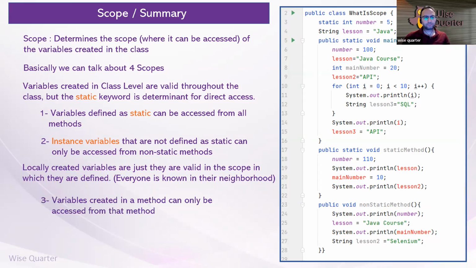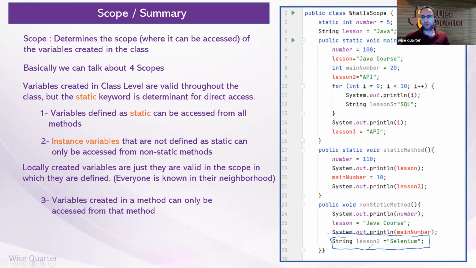Okay. Variables created in a method can only be accessed from that method. Yes, we have talked about that. Here we have another method, and this variable has been created inside of this normal, non-static method.